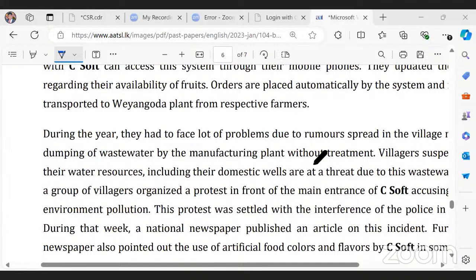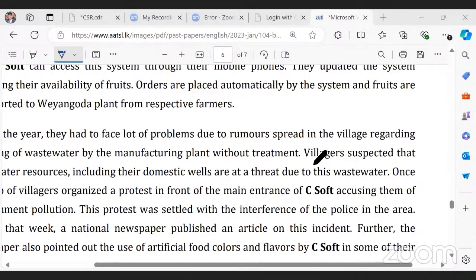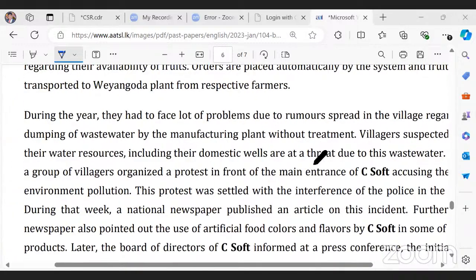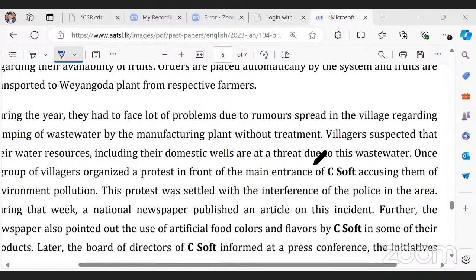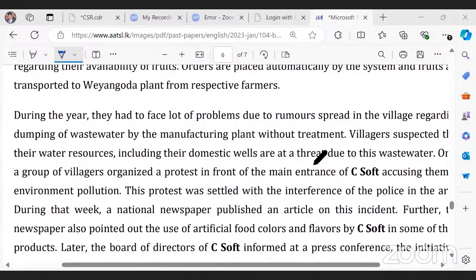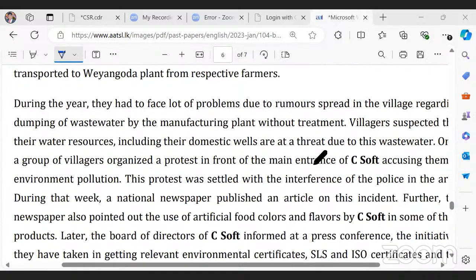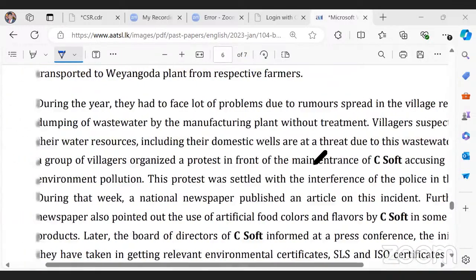During the year, they had to face a lot of problems due to rumors spread in the village regarding dumping of wastewater by the manufacturing plant without treatment. Villagers suspected that their water resources, including their domestic wells, are under threat due to this wastewater.